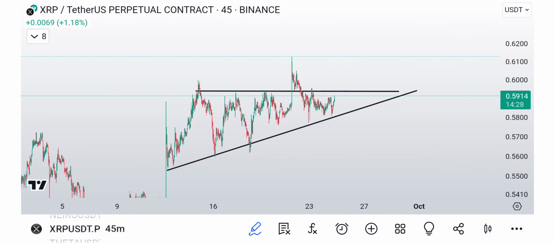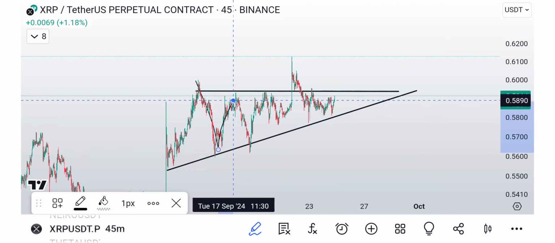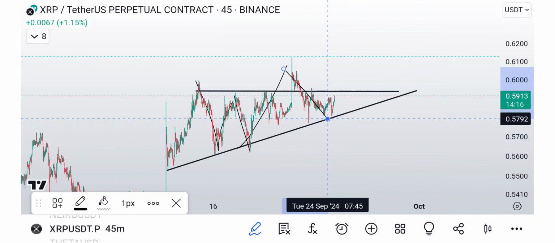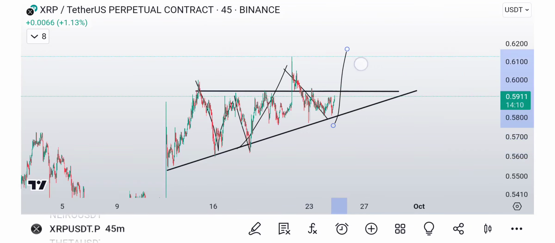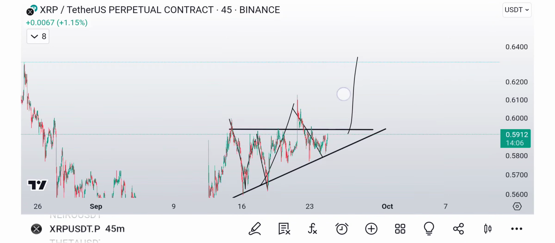So this could be an A. I don't know if that'll work. Maybe a B, C, D, and E. I mean, I don't know. I don't really like it a lot. I would just treat it more as an ascending triangle. So the measured move approximately would be maybe 63, 64 cents here.